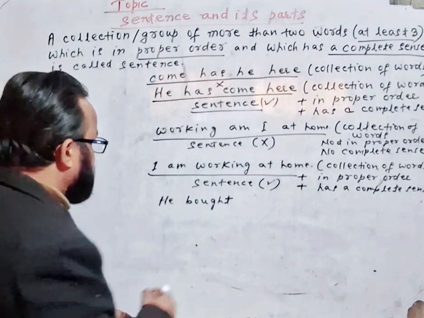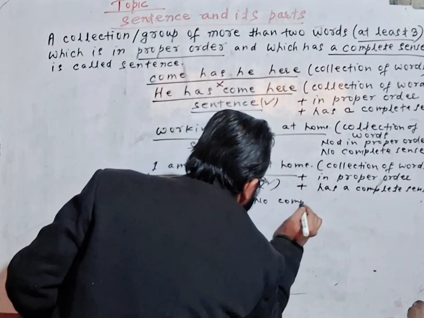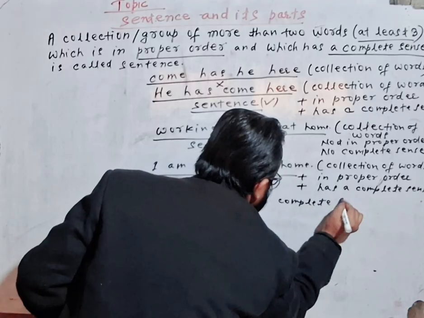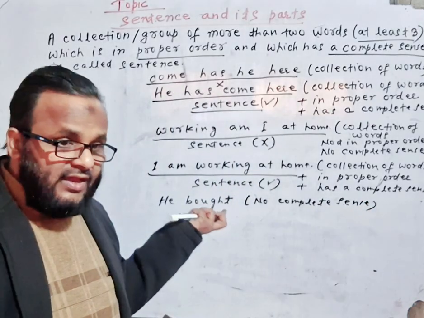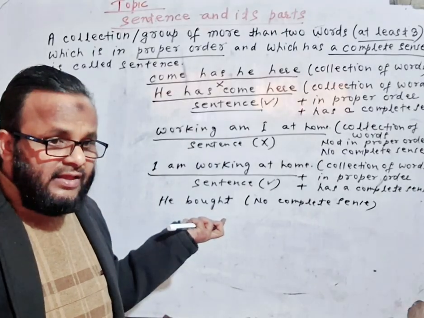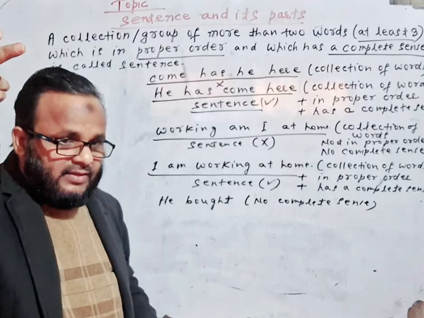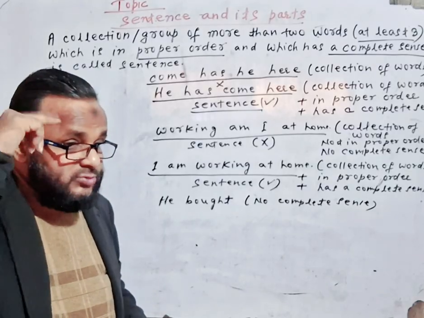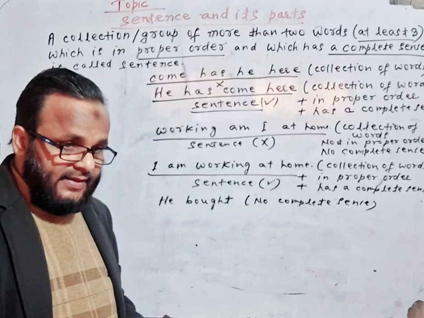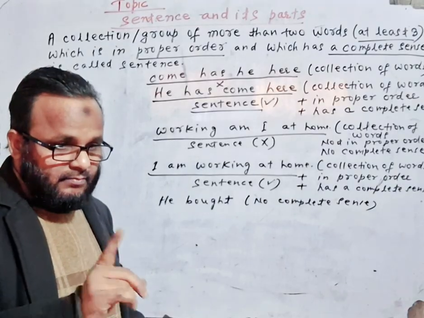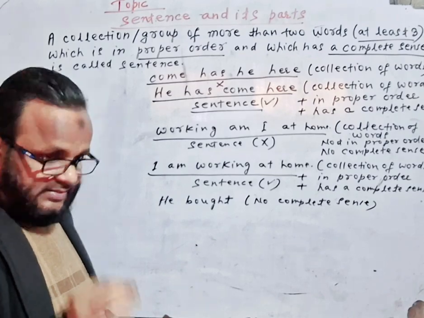A second thing is that no complete sense. इसका सेंस भी कंप्लीट नहीं है. He bought, उसने खरीदा. क्या खरीदा? सेंस कंप्लीट नहीं है. दिमाग आगे सोचने लगता है. तो जहां पर दिमाग आगे सोचने लगे, तो वो सेंटेंस नहीं होगा. पकड़ने का आसान तरीका है. राइट राइट दिस इज इजी वे.